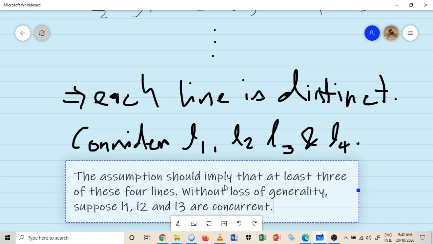So let us just assume that the 3 that we meant to be concurrent are L1, L2, and L3.